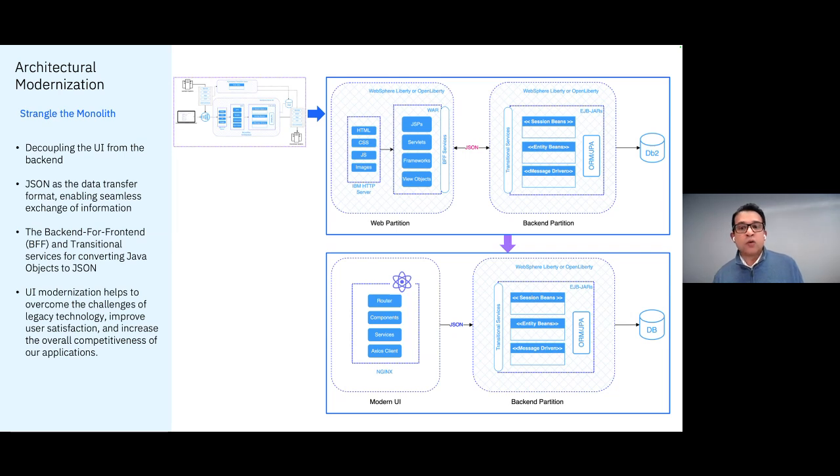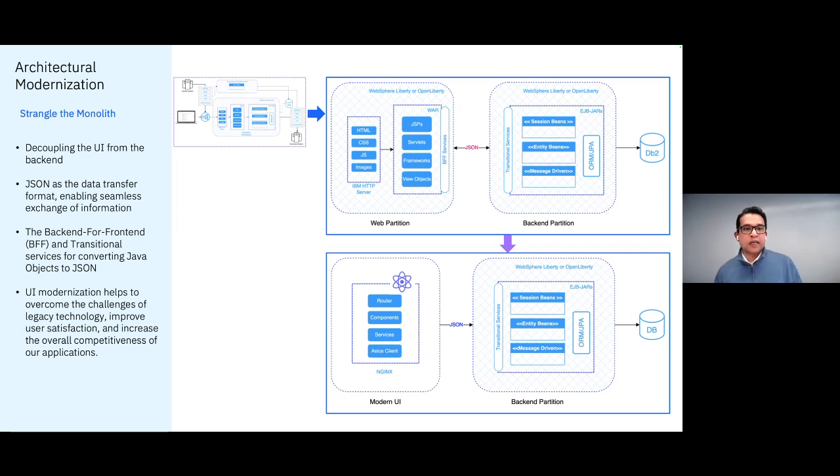So what we do in CIO is modernize the UI to modern UI frameworks like React, Angular, or Vue.js. We run it on its own Nginx container, whereas our backend partition is still running on WebSphere Liberty or Open Liberty. This is the first journey.